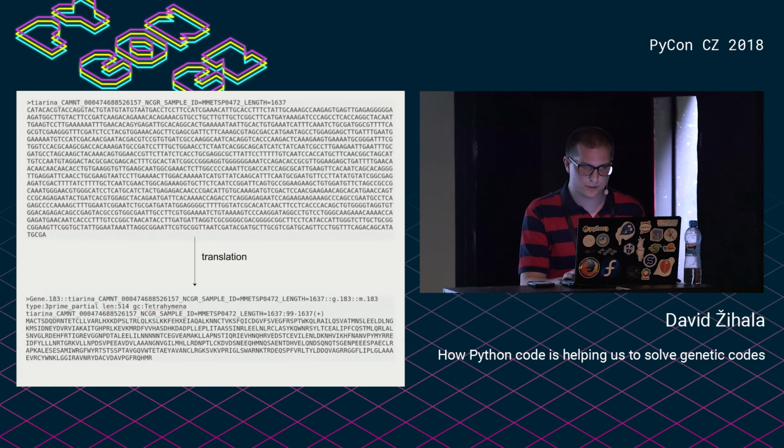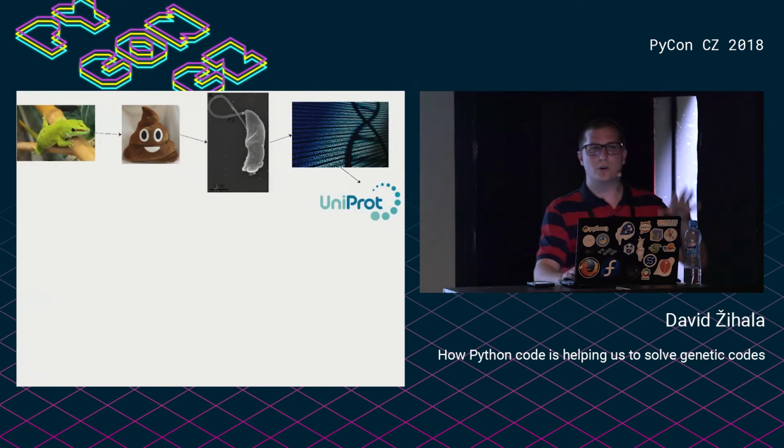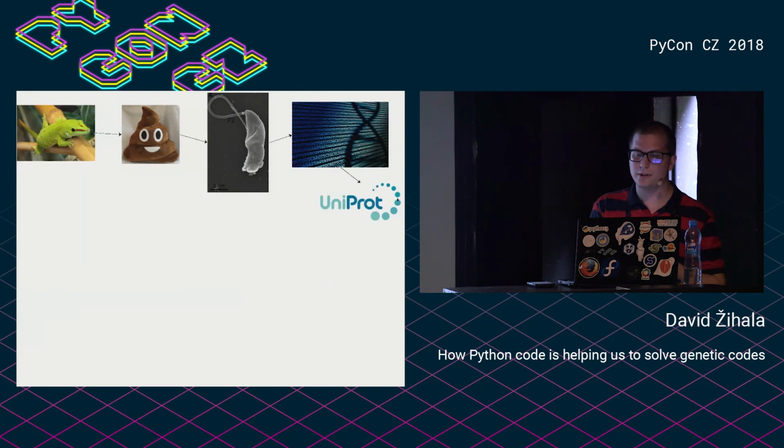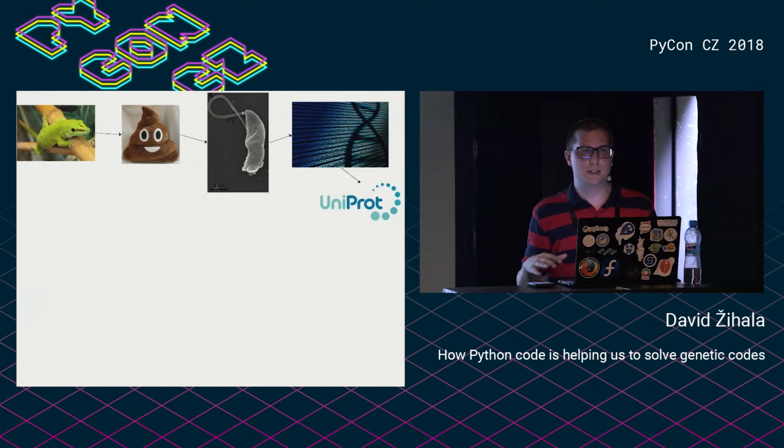It's super simple. So they sequenced that, and then we took all those mRNAs and we searched in a huge UniProt TrEMBL database, which is database which stores information about proteins and genes and the genomes of a lot of organisms.